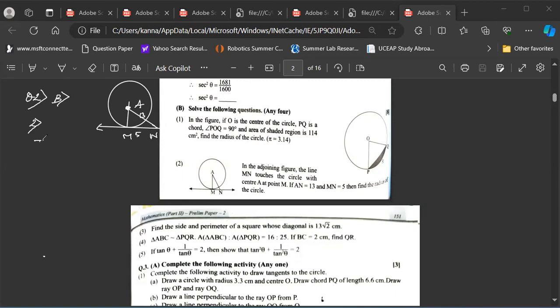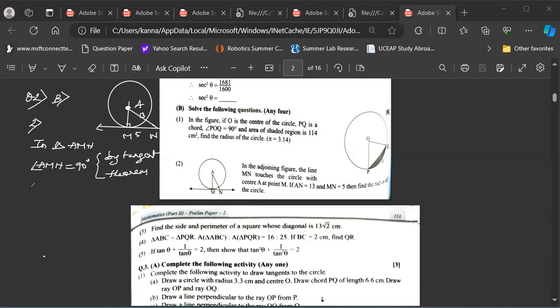So simple, children. We start with this in triangle AMN, okay? Now, first thing I'll show angle AMN equal 90 degrees. Angle AMN equal 90 degrees by tangent theorem. Reason: by tangent theorem. Writing a reason is important, okay?